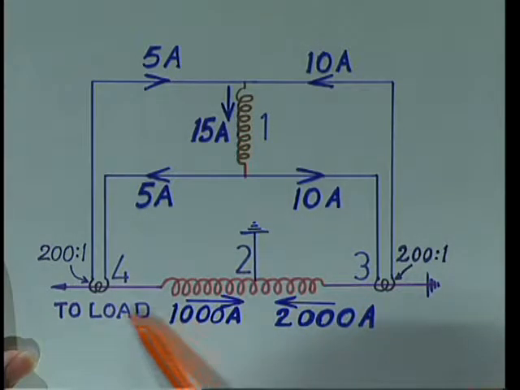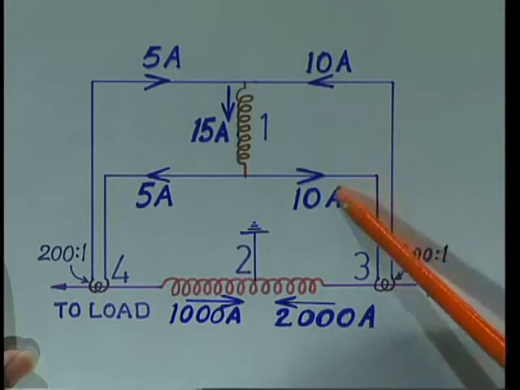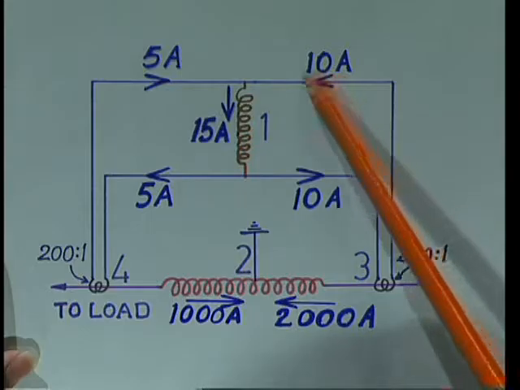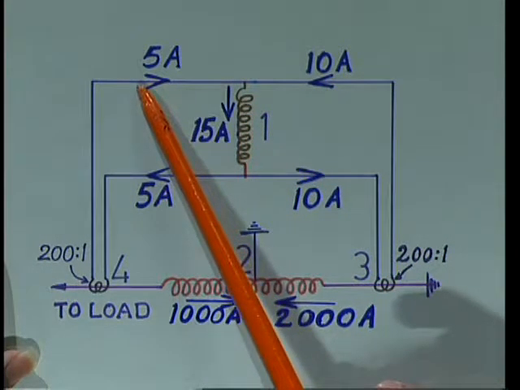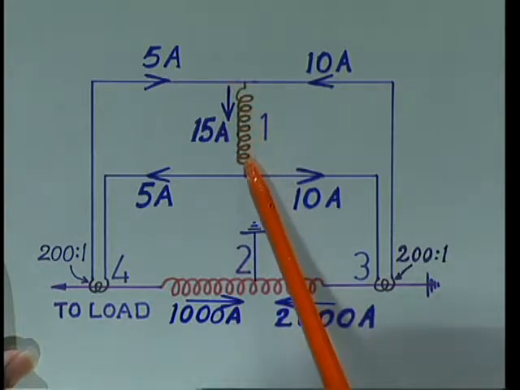So this 1000 amperes flows in this CT, and the CT primary current is 1000 amperes, secondary current is 5 amperes. Similarly, 2000 amperes flows in this winding, and in this CT the primary current is 2000 amperes, and the secondary current is 10 amperes. Then the 10 amperes comes like this, and 5 amperes also comes like this. So total 15 amperes flows through the relay.